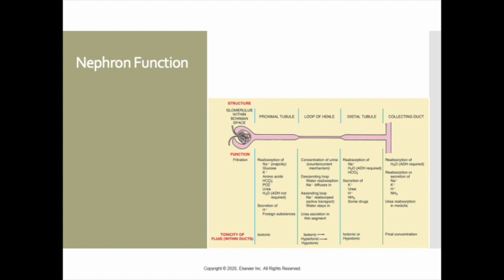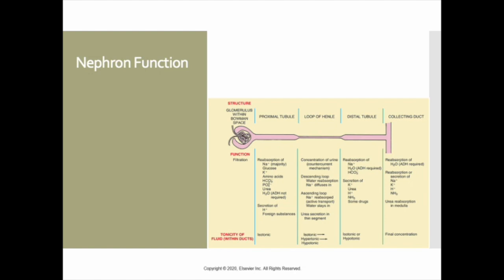First, we combine or conjugate them with sulfate and glucuronic acid in the liver. And because many drugs and their metabolites are eliminated through this process, when the renal tubules are damaged, the byproducts of the metabolites and the drugs can accumulate. And if they accumulate and they don't get excreted appropriately, this can cause toxic levels in your patient.